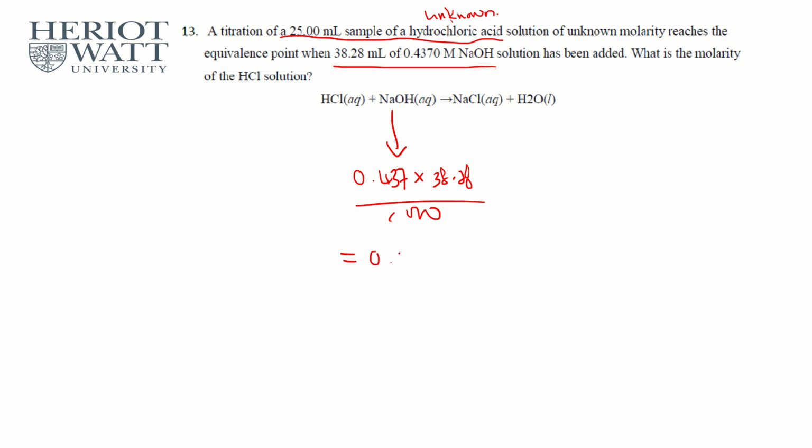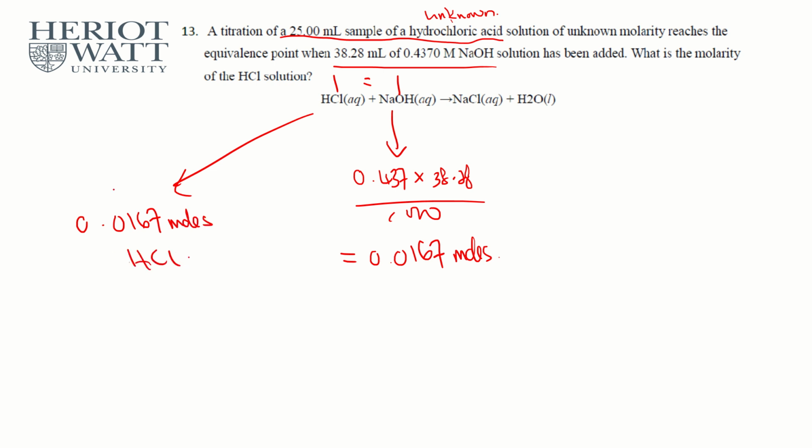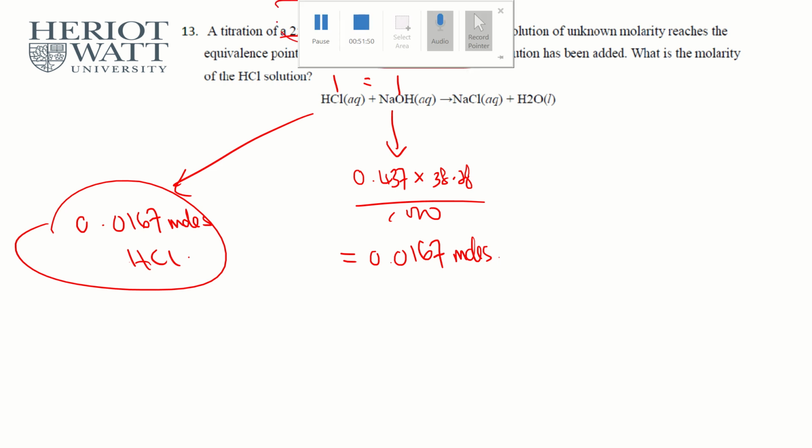So you get 0.0167. This is the mole. Okay, and if that's the mole needed to neutralize all the acid, what is the mole of acid in it? Ratio is 1 to 1, so 0.0167 then of HCl.